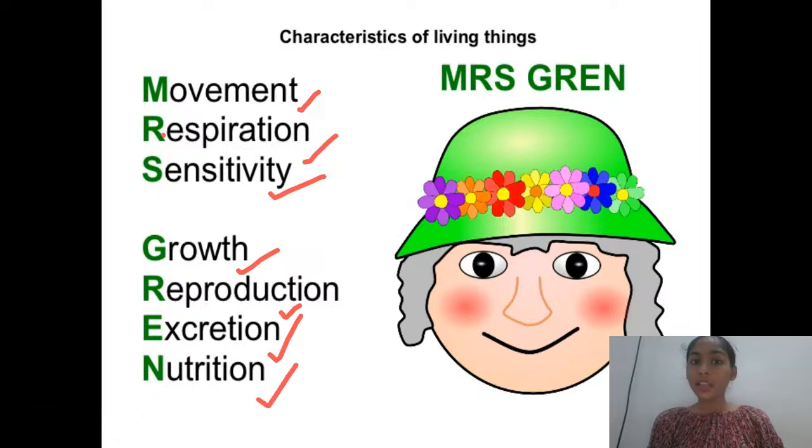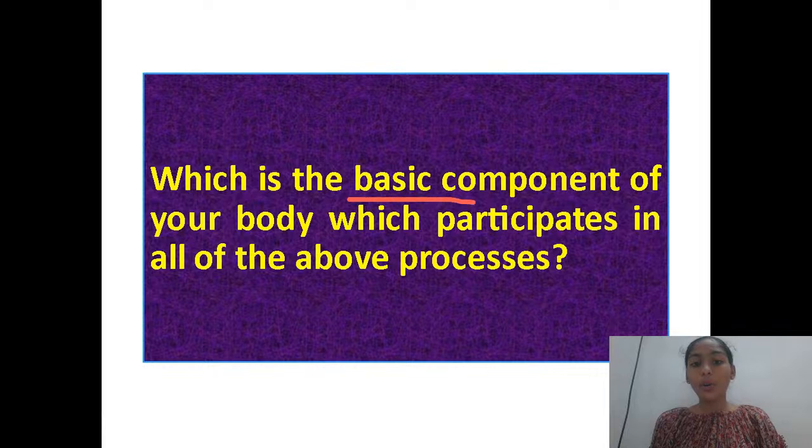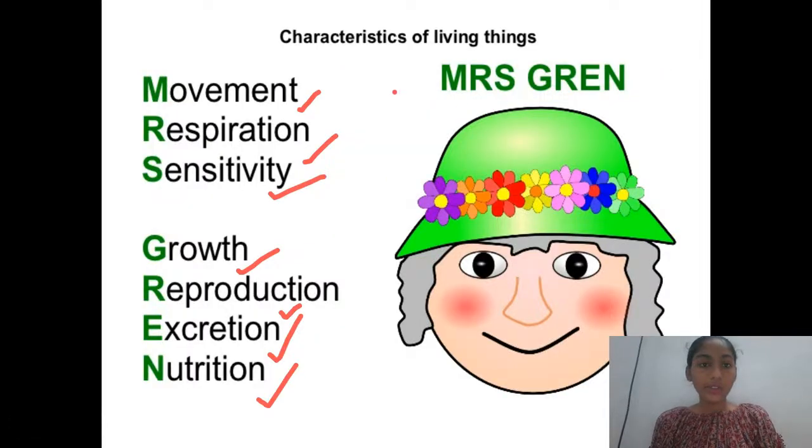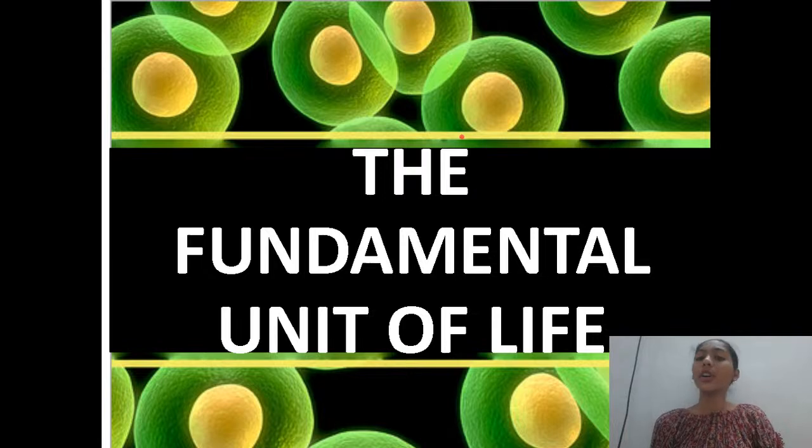Now don't tell me that it's your body. They are asking the basic component of your body. We will further be learning about that. It is none other than our cell, the fundamental unit of life.